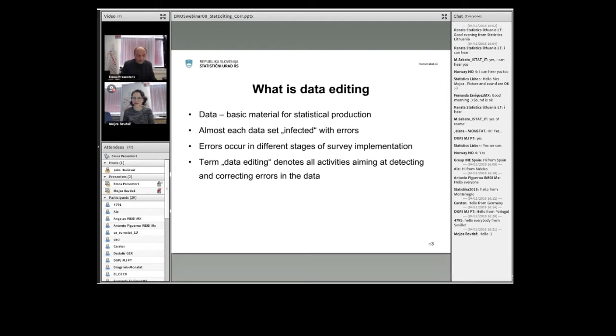The other reason goes in the other direction: sometimes data editing is easier in official statistics, because we usually have a lot of auxiliary data at our disposal. We have administrative data and data from other surveys, and if we can use this auxiliary information, we can make data editing more efficient.